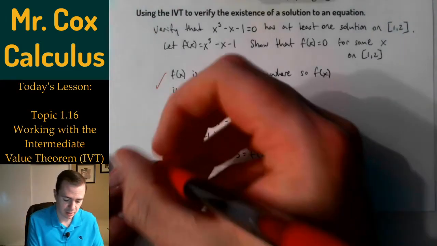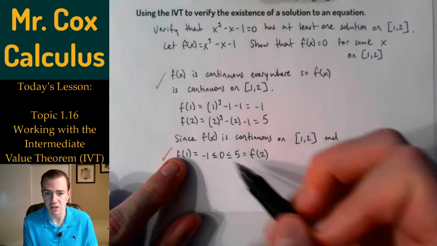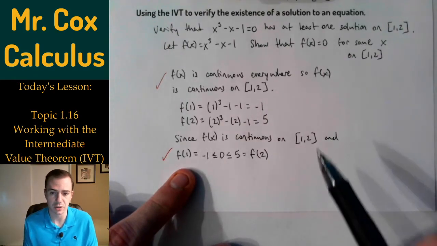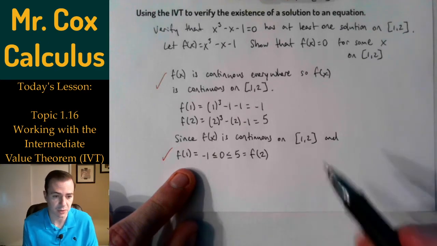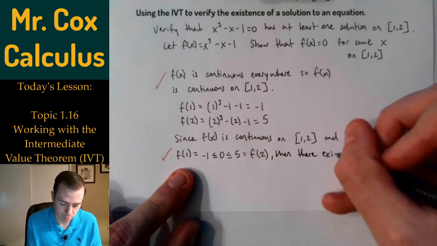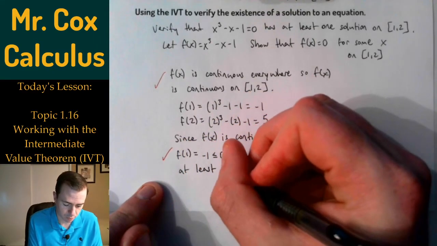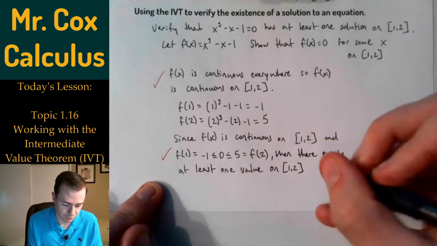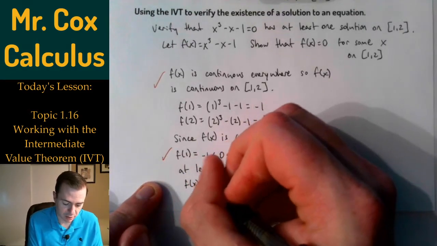So that line right there is my second check mark. And I went ahead and repeated the continuity because I wanted to have everything in one place. But here's my argument. Since f of x is continuous on the closed interval 1, 2, and f of 1 is less than or equal to 0, which is less than or equal to f of 2, then there exists at least one value on the closed interval 1 to 2 such that f of x is equal to 0.